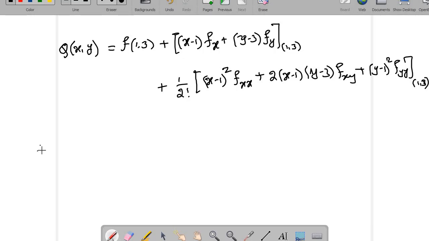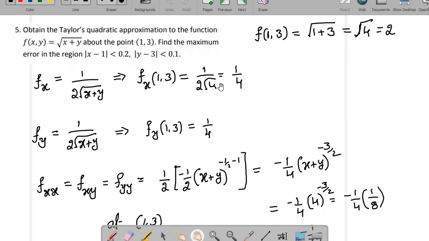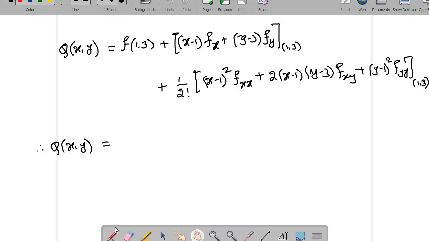Okay, so therefore Q of (x, y) after substitution of all, what do we got here? This is 2 plus 1 by 4 plus 1 by 32. fx and fy both are equal to 1 by 4, so let me take it out. So this is 1 by 4 times (x minus 1) plus (y minus 3).